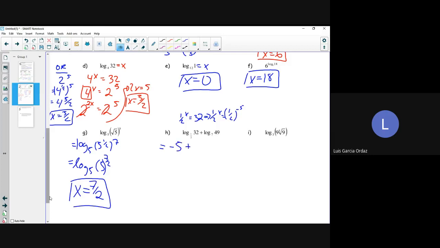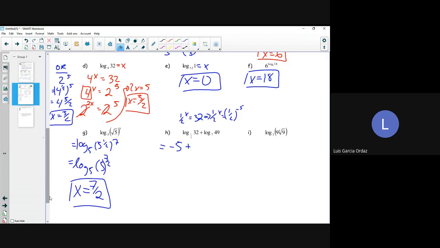And then we have log base 7 of 49. So what exponent with a base of 7 gives us 49? So 7 to the 2.